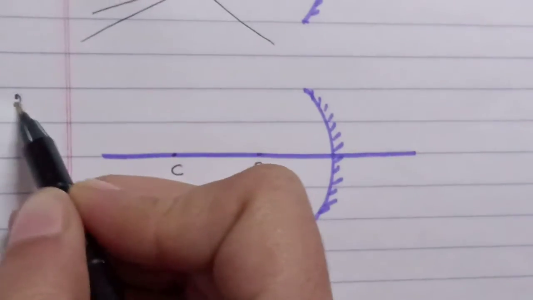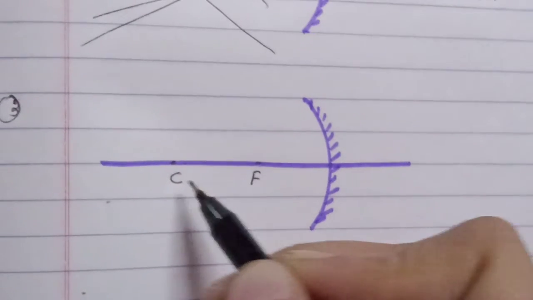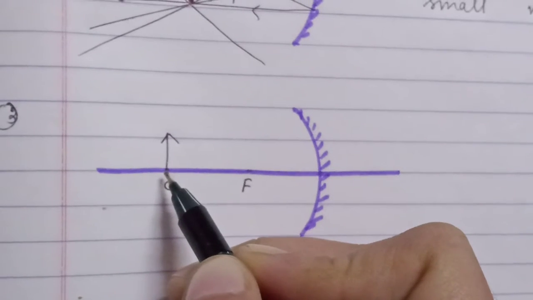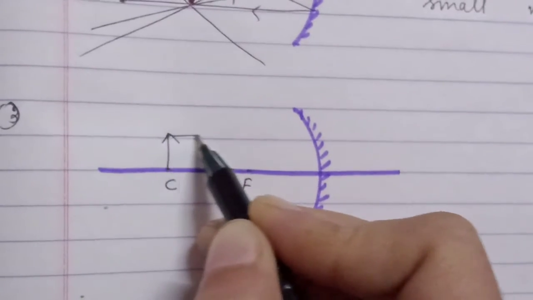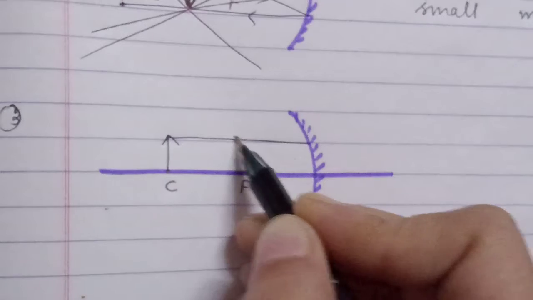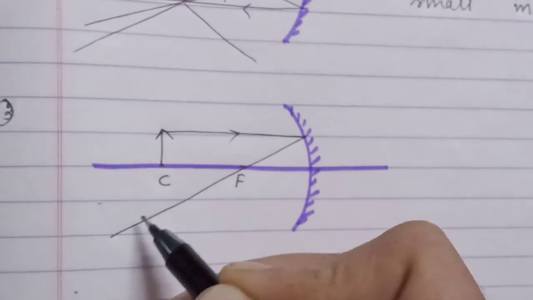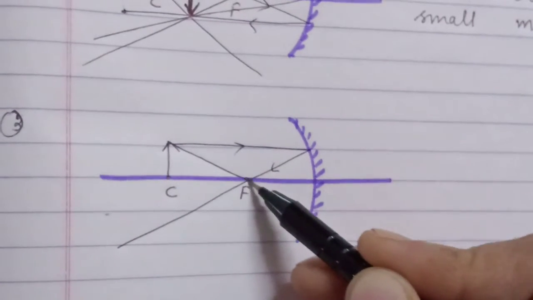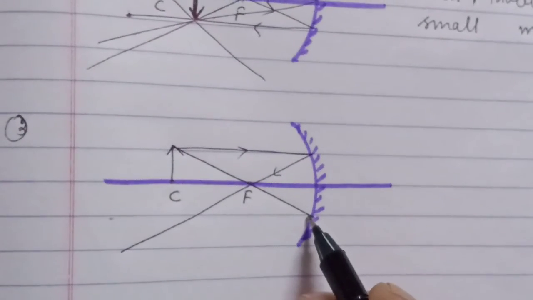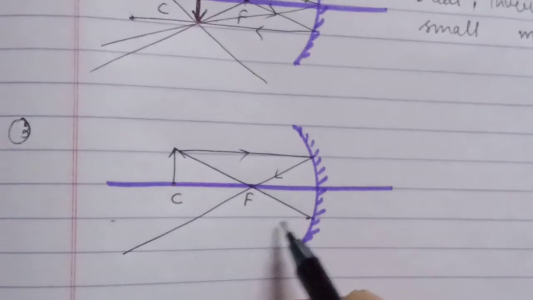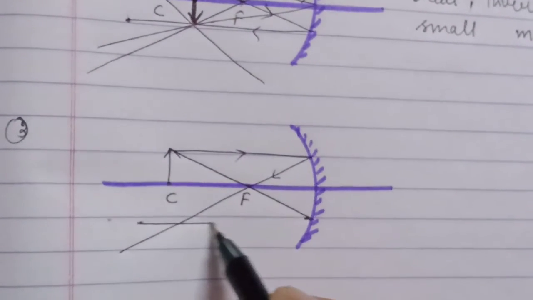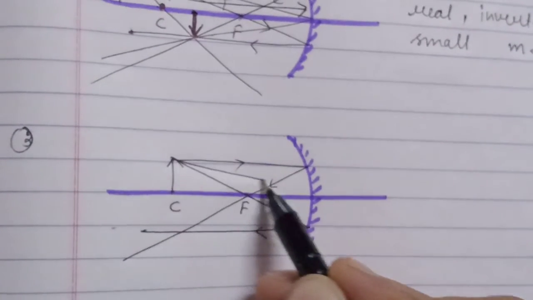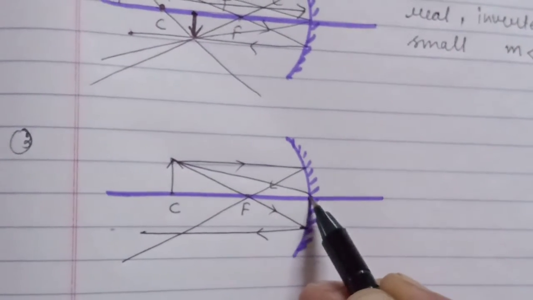So the third point is the object is at the center of curvature. So the first ray is parallel to the axis, the second ray is from the focus, the third ray is from the pole.